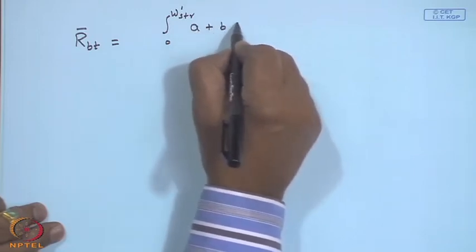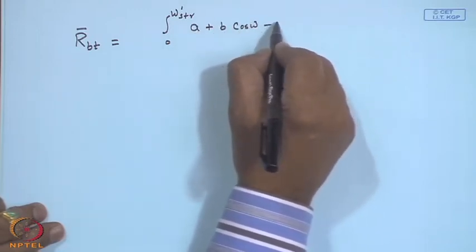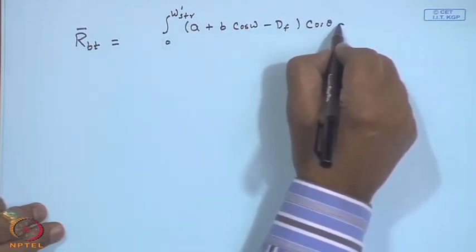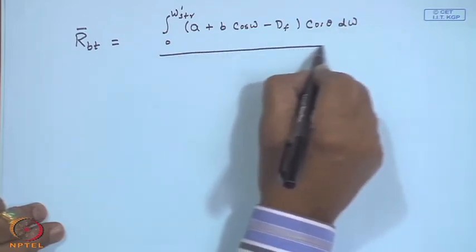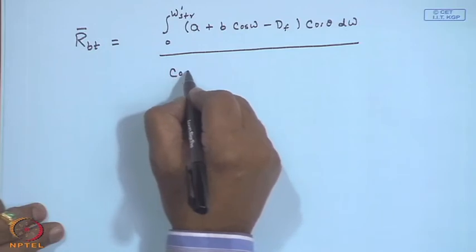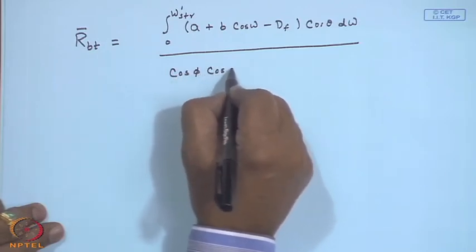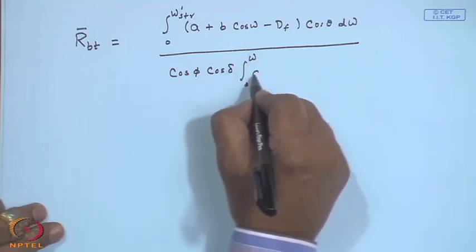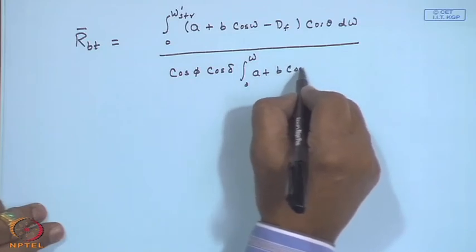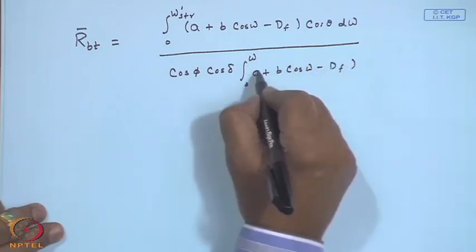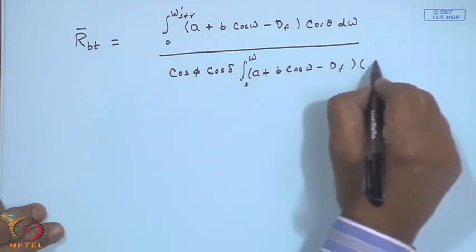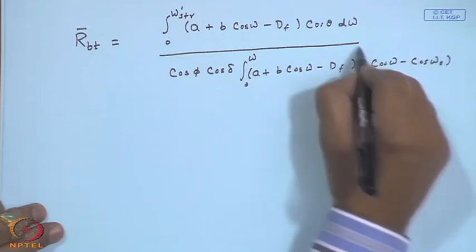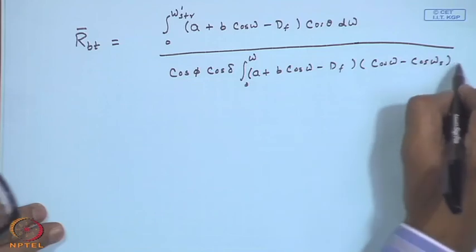A plus b cos omega minus d f times cosine theta d omega upon cos phi cos delta integral 0 to omega s a plus b cos omega minus d f times cos omega minus cos omega s d omega.